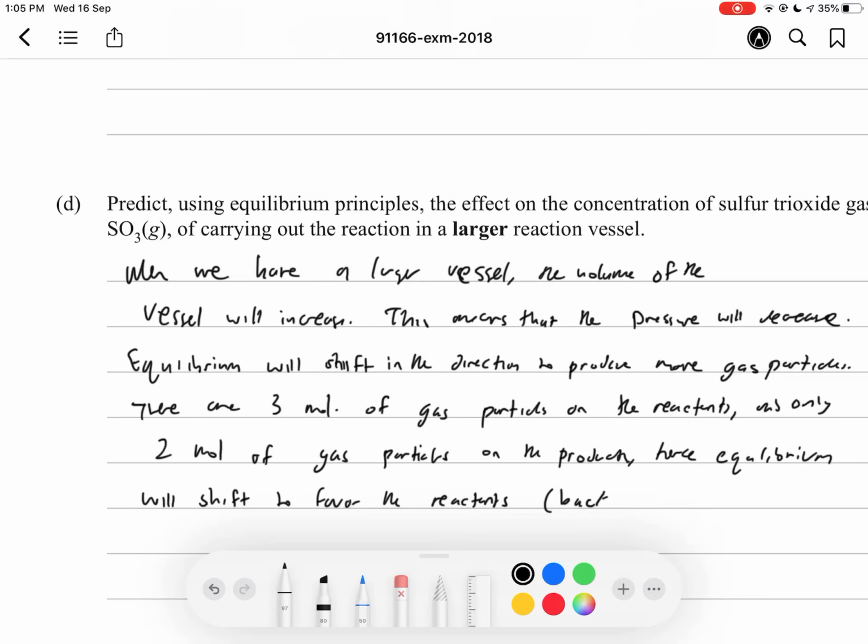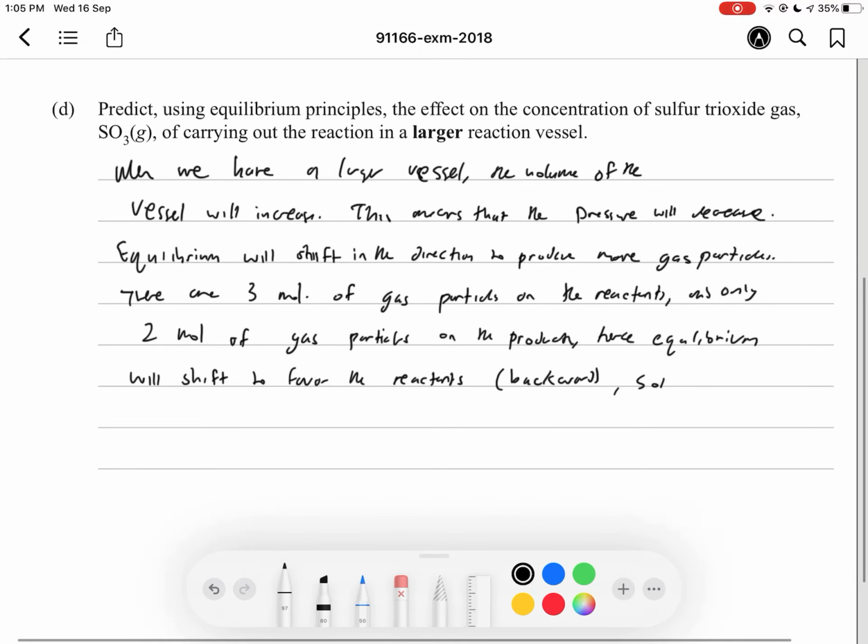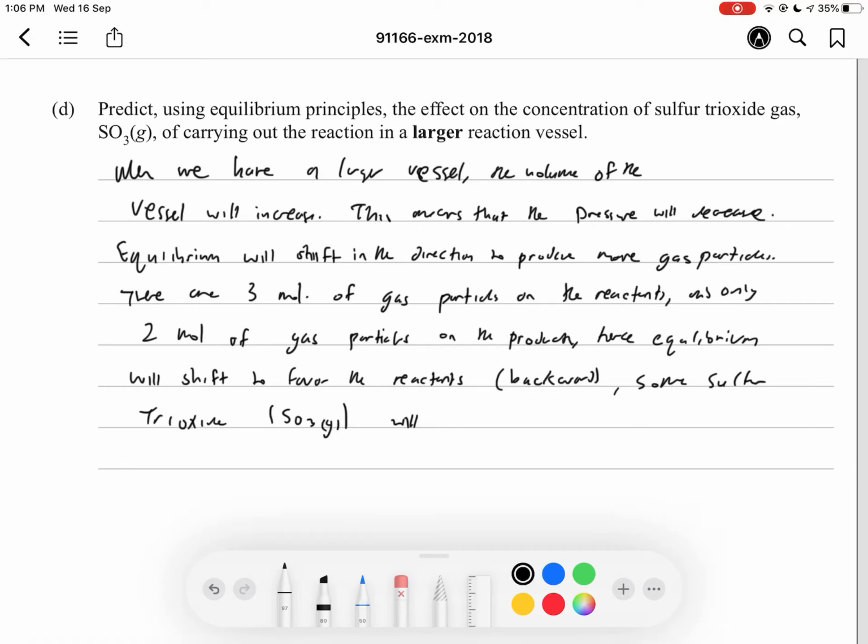So you can say it favors the backwards reaction. So some sulfur trioxide SO3 gas will turn back into reactants.